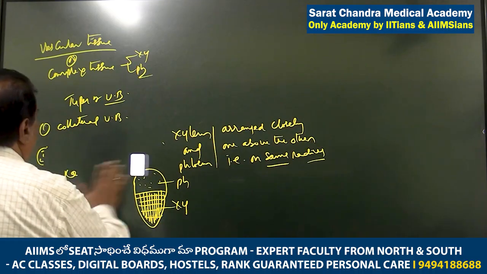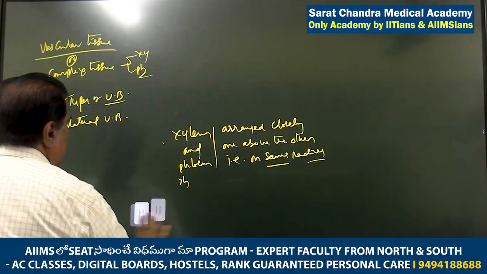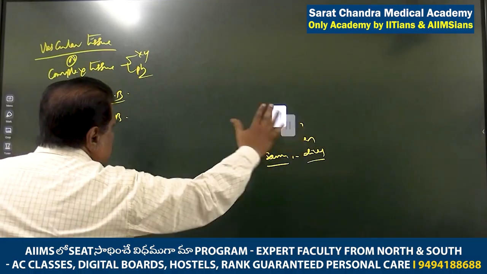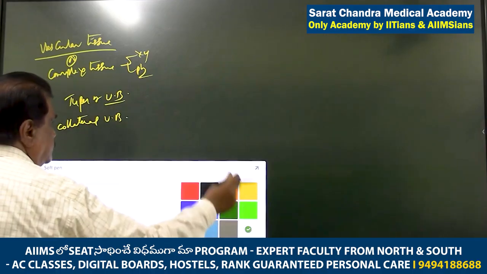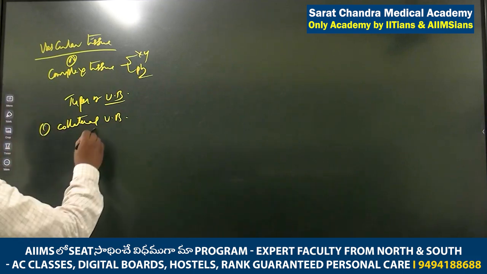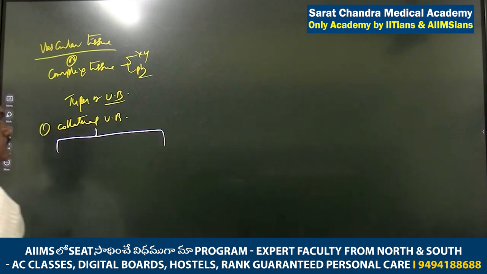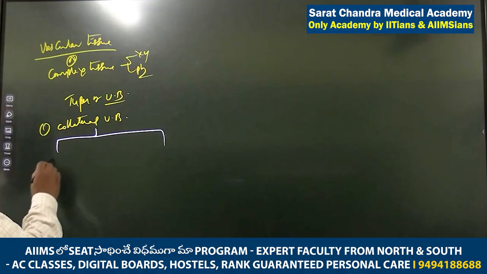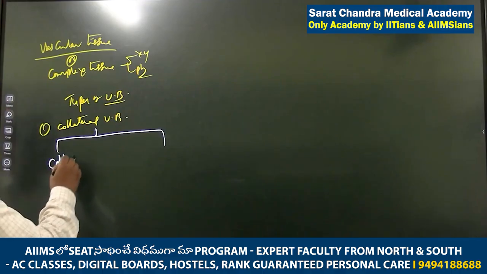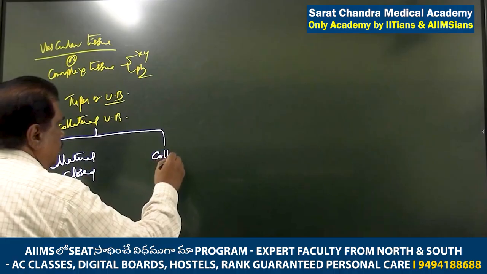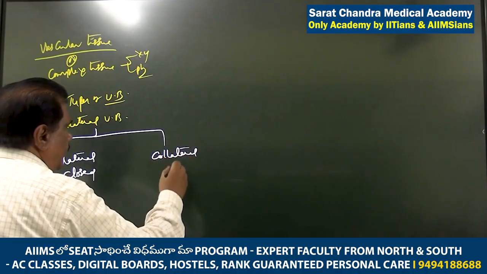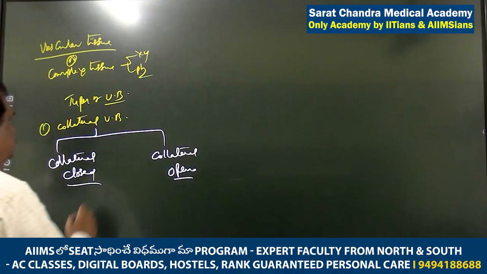Collateral vascular bundles are of two types: collateral closed vascular bundles and collateral open type of vascular bundles.